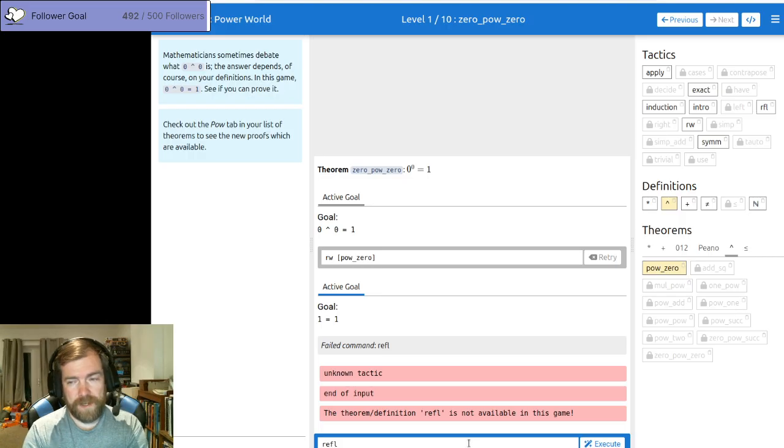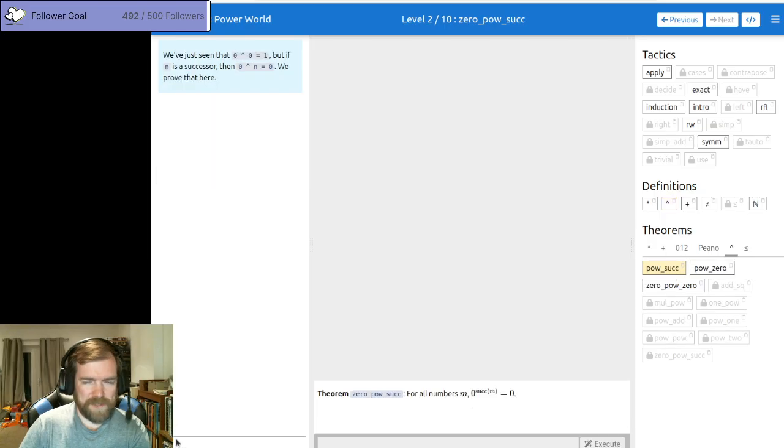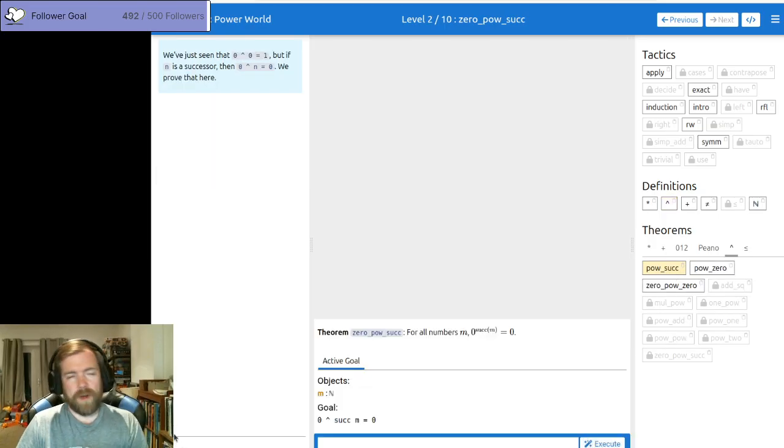Reflexive is not allowed in rfl. There we go. I was going to say, I know reflexive property works. The problem with this is that refl was the reflexive property in an earlier version of this game, and it's just stuck in my head.